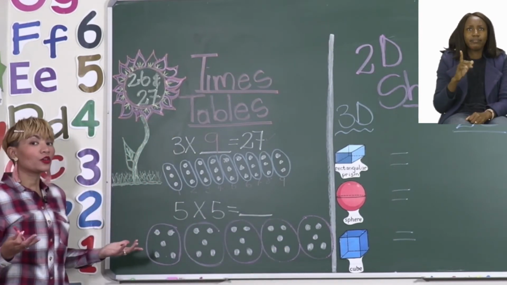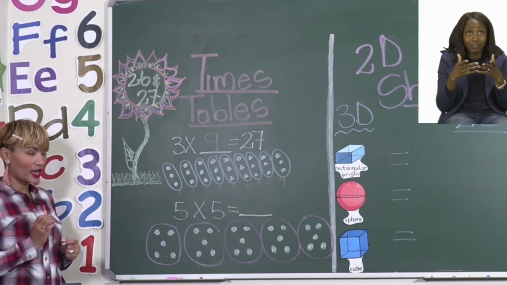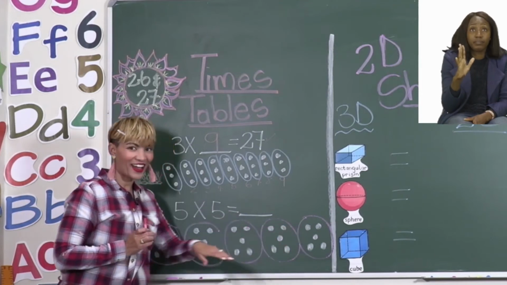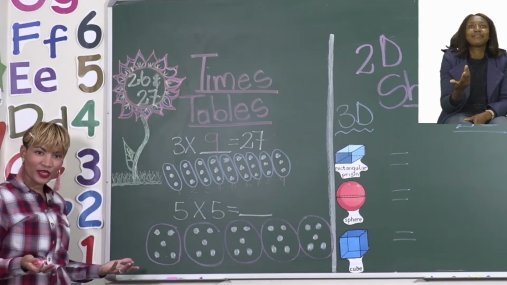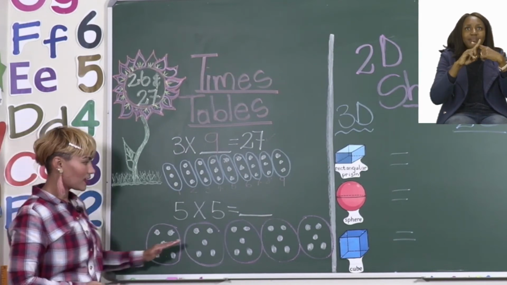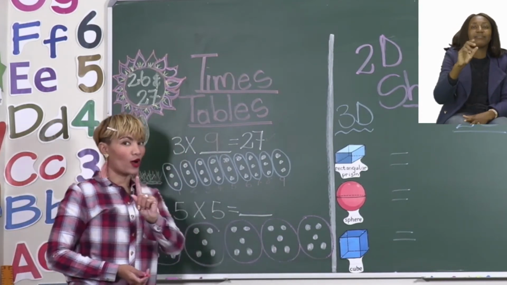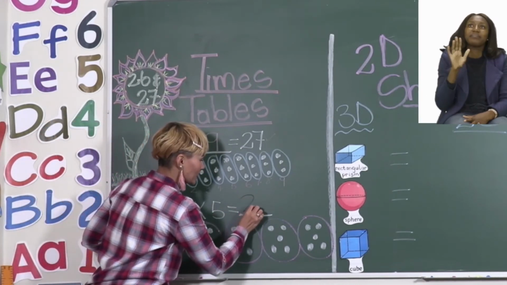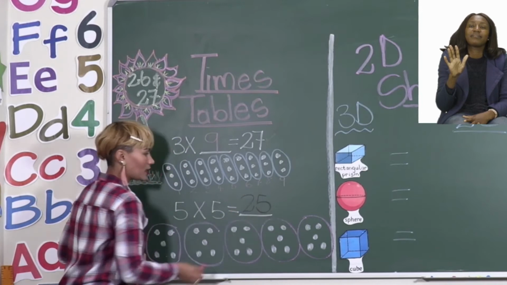But how many groups do we have? Let's count. 1, 2, 3, 4, 5. So now we know we have 5 times 5. And what did we say our answer will be? 25.